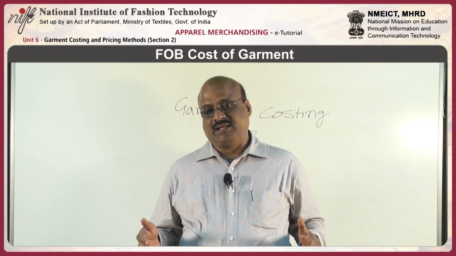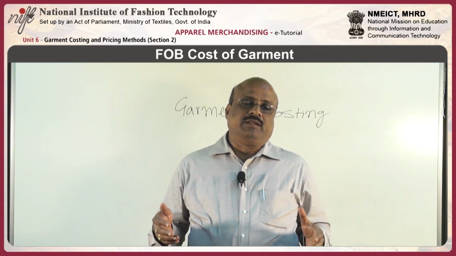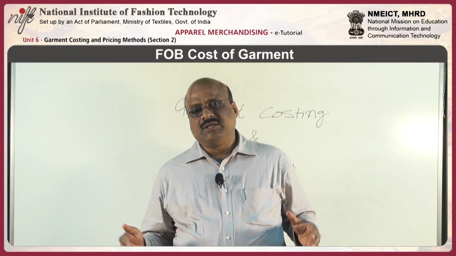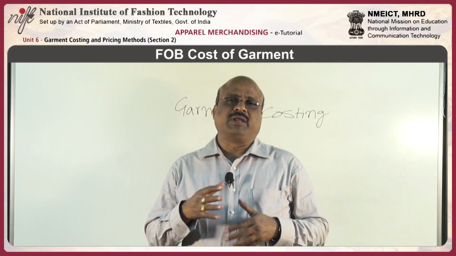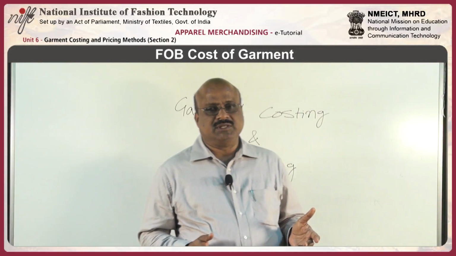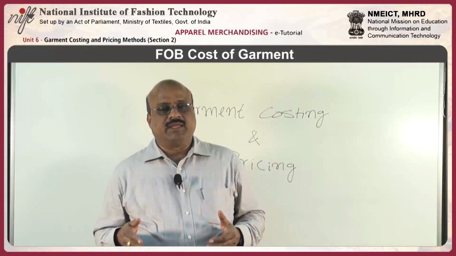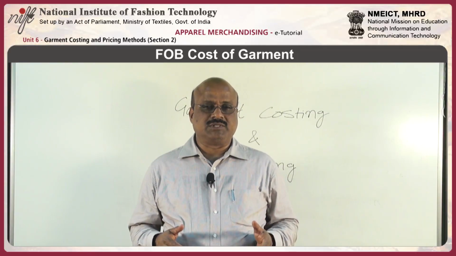It is not static. Once you do costing for a garment, it is not done forever, because everything is dynamic here. Fabric prices keep changing, trim prices keep changing, CMT keeps changing. So we need to keep working on a real-time basis, as costing is a dynamic process.